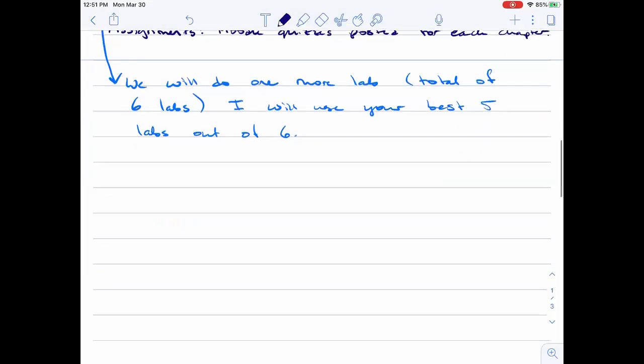So lab 6 will be on logistic regression, which is chapter 9, which we haven't gotten to yet. So you'll have to wait a little bit for lab 6.